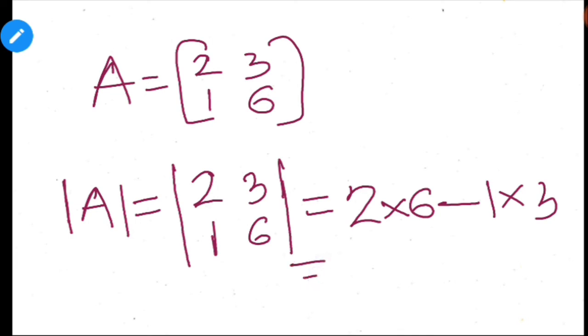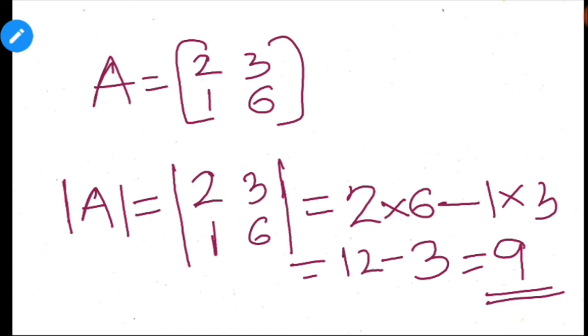That's equal to 2 into 6 is 12, 12 minus 1 into 3 is 3, 12 minus 3 equal to 9. So 9 is the value of this determinant. So 9 is the number associated with this matrix A. So 9 is the value of this determinant A.